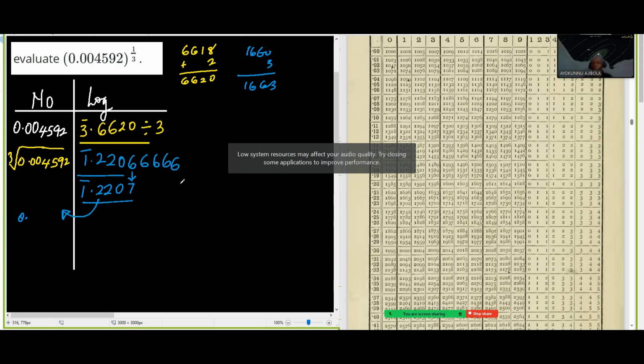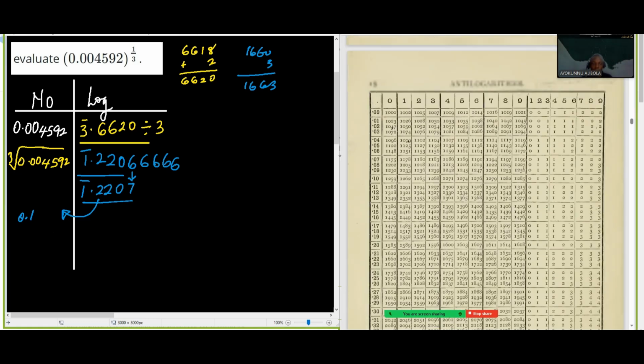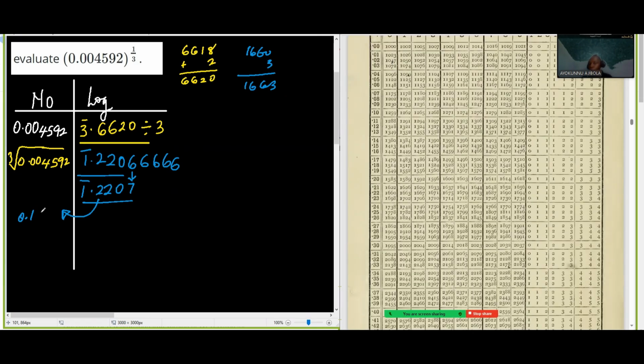Now since we are taking it out, let me check to make sure it's antilogarithm checking here. So we have 1663.